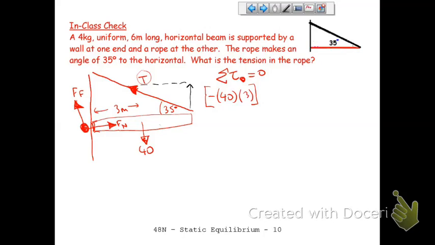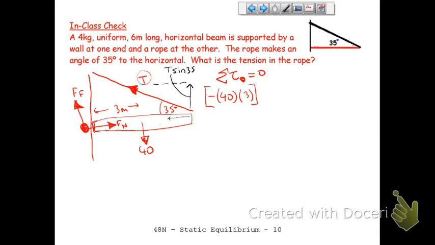And I, just looking at this, would sooner say that that is T sine 35. I'm breaking this up into components. One of the components goes through my turning axis. I can ignore it. This guy here.